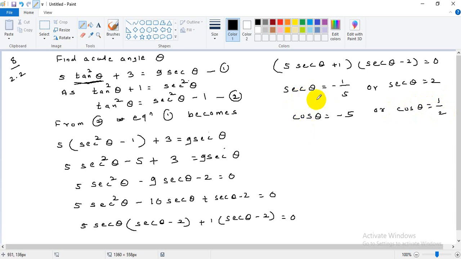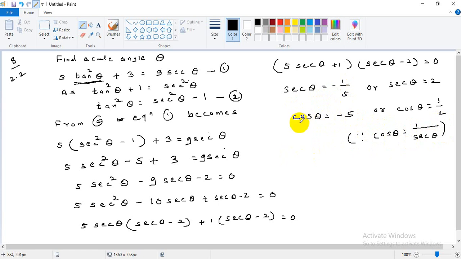So when you say sec theta is minus 1 upon 5, you can write cos theta is equal to 1 upon sec theta. It is better to give reason for everything that you write. Why you wrote this? Sec theta was minus 1 by 5. Why you wrote cos theta is minus 5? Because cos theta is the reciprocal of sec theta, that is why we wrote this.